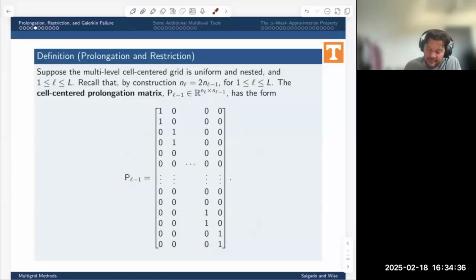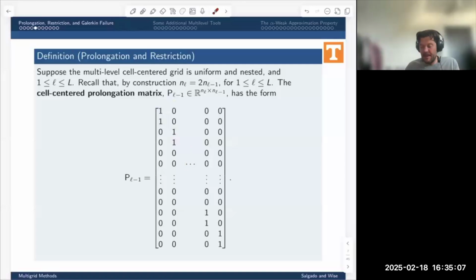The pattern says that in the first column, that's that guy there, I'm going to put 2 1s, one in the first position, one in the second position. What about the second column? In the second column, I'm going to put a 1 in the third position and a 1 in the fourth. And I can keep going in that pattern. In the third column, I'm going to have a 1 in the fifth position and a 1 in the sixth; by position, I mean the row.